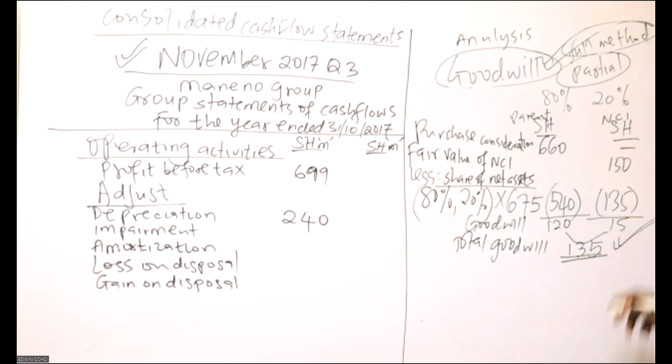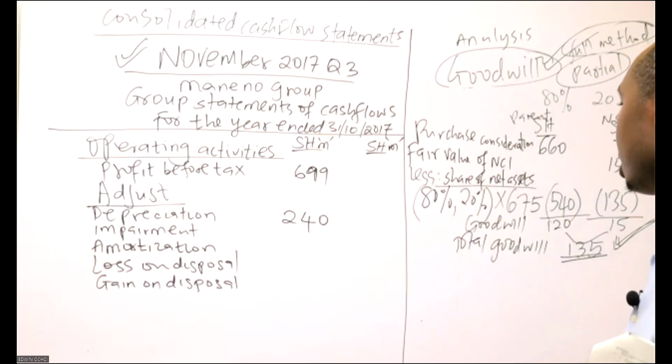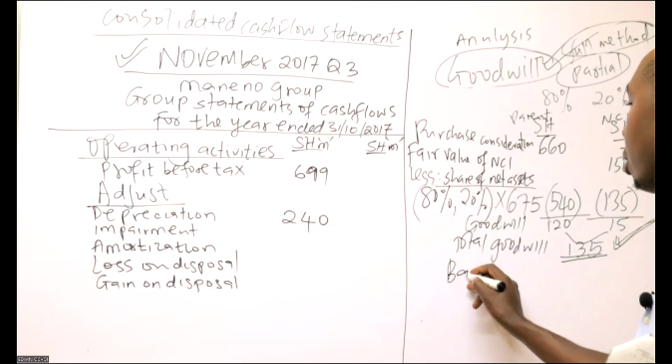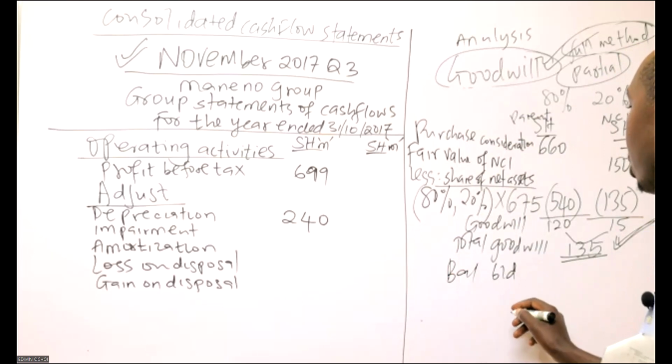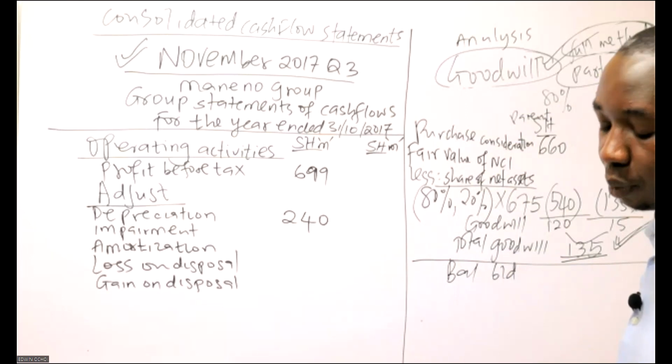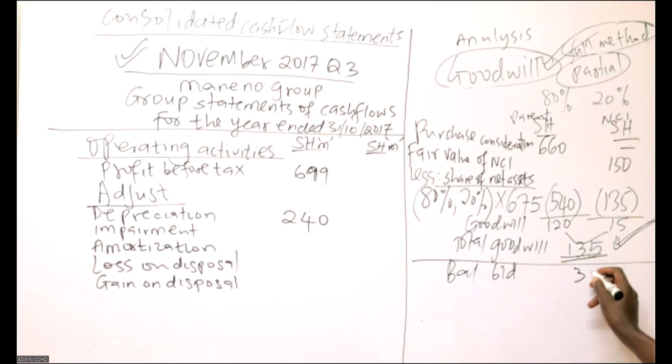As at the time it was acquired, its goodwill was 135. Then later it was disposed. Now I can conclude if there is impairment, because the balance brought down as at 2016, our goodwill was the one given in the statement of financial position, 390.